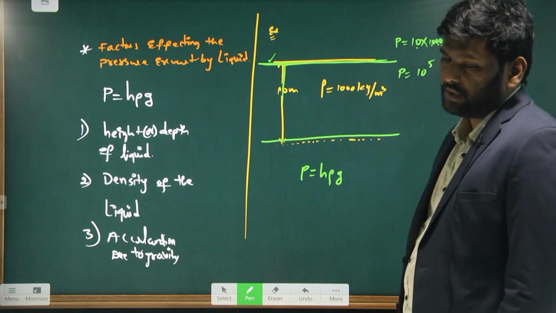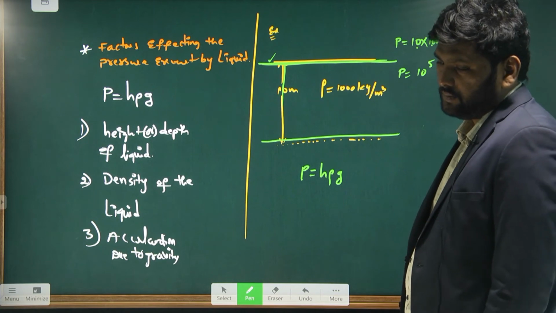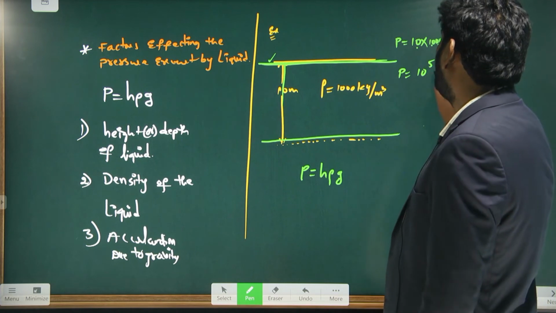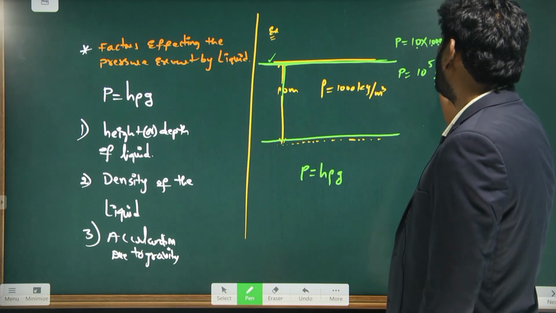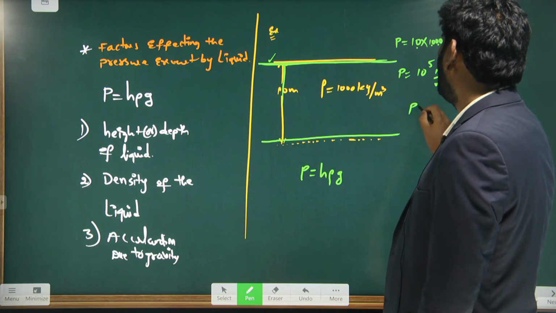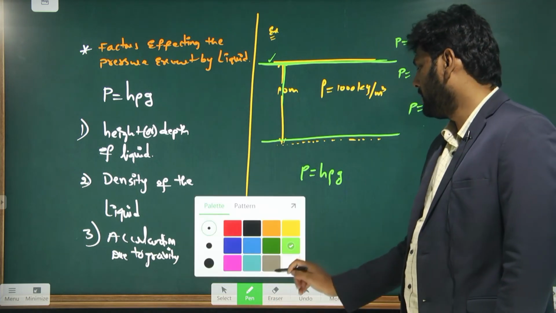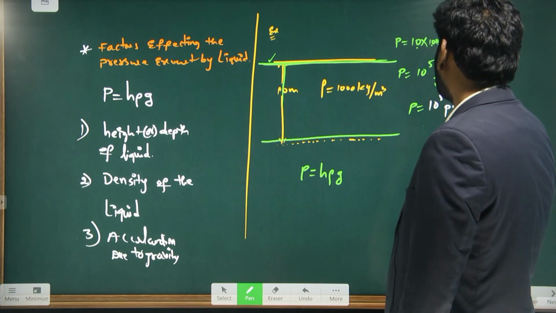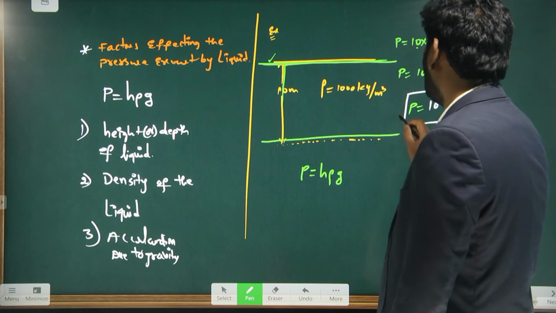Units, tell me what the units are. Units are Newton per meter square or Pascal. So finally pressure is equal to 10 power 5 pascals. This is your answer.